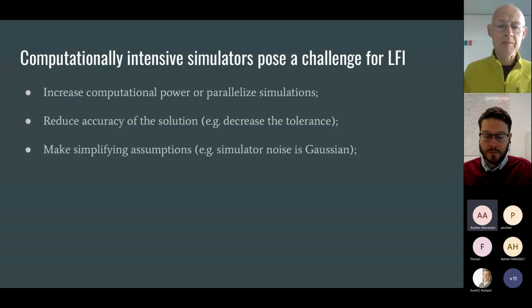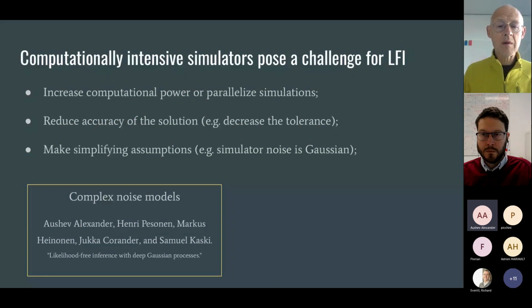Of course, these assumptions need to be reasonable, and essentially these are modeling assumptions. For instance, we may assume that the simulator noise is Gaussian. That already makes the inference a little bit easier.